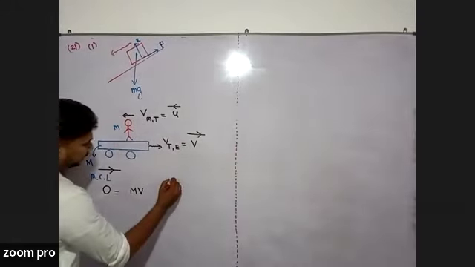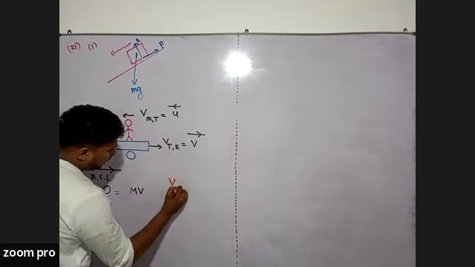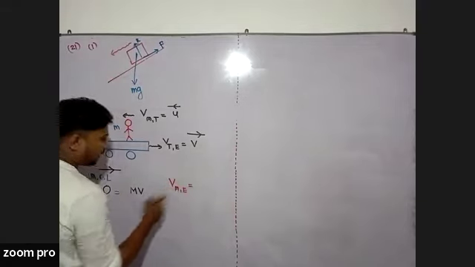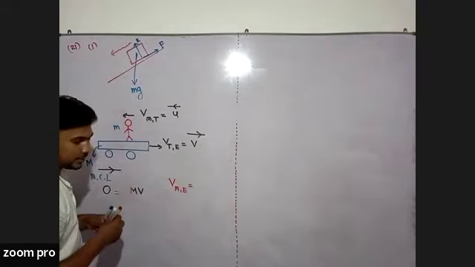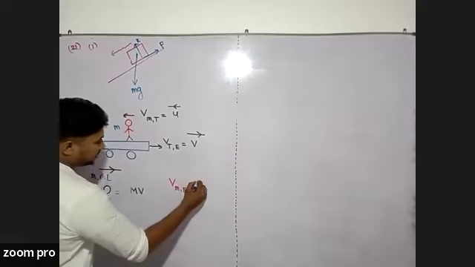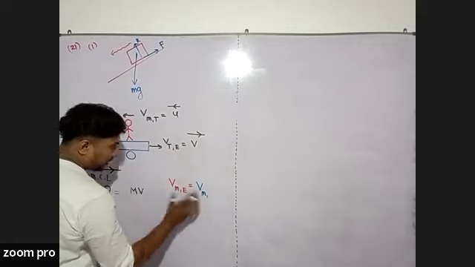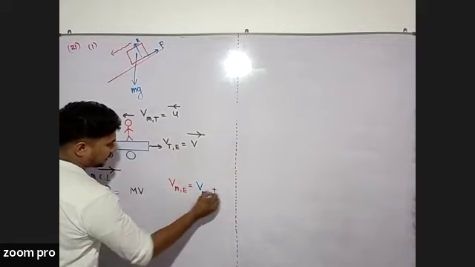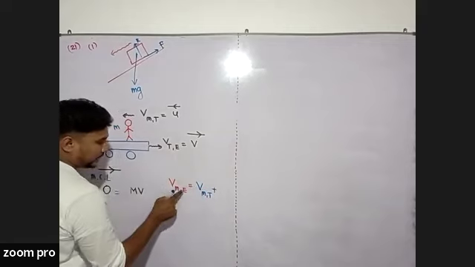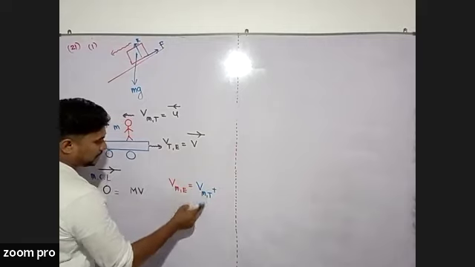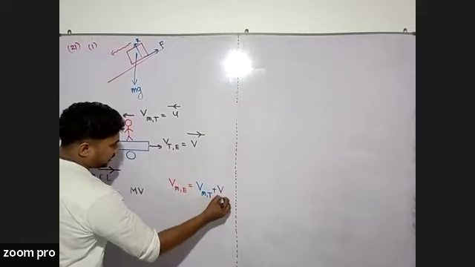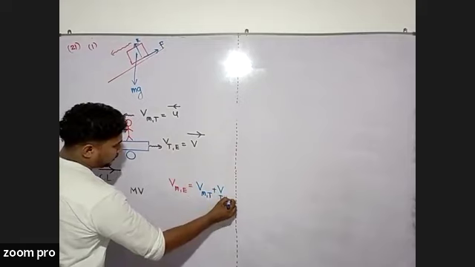So first of all, let's find out the velocity of man relative to the earth by applying the relative motion concept. We can derive another equation like this: velocity of man relative to the earth means velocity of man relative to the trolley plus velocity of trolley relative to the earth.